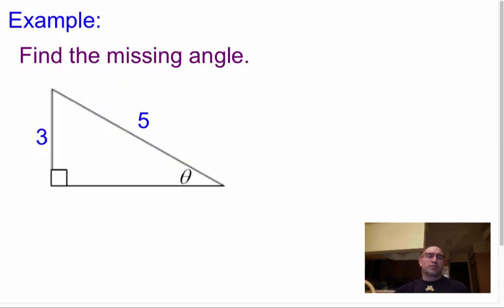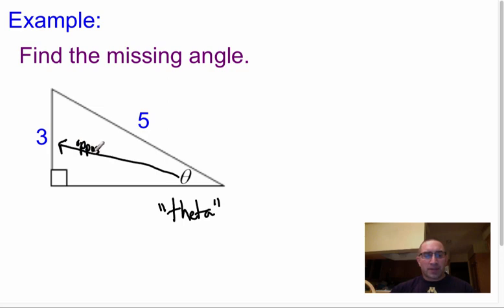Alright, let's move on to a problem and see how this goes together. It says find the missing angle. Remember that math symbol is theta. It's an angle. And we have to look at the sides we have in relationship to theta.